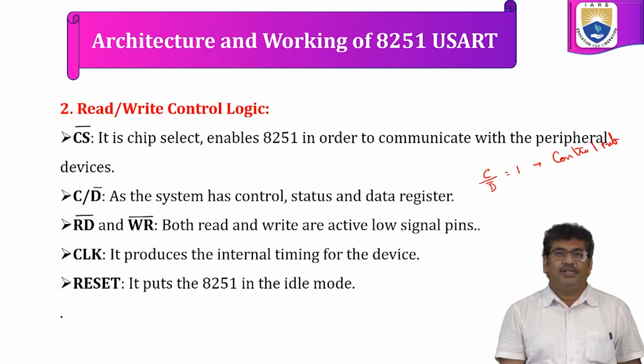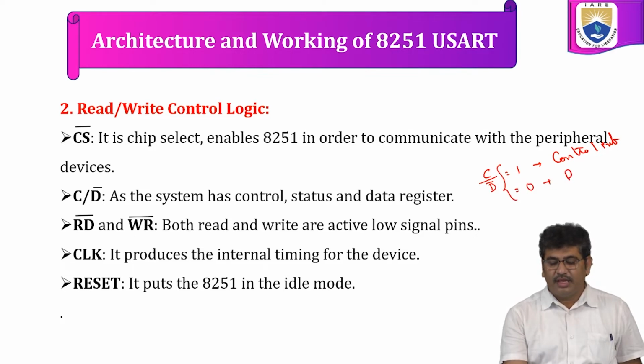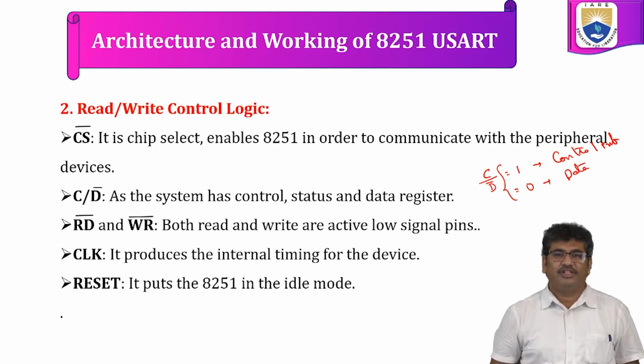This control information is used for controlling the data flow between the peripherals and the processor, as well as how it has to function and what the various modes of operation are. When C/D bar is equal to 0, the information on the data bus is the data we use for transmitting, or received data, which is present on the data bus D0 to D7, connected to the data bus buffer.